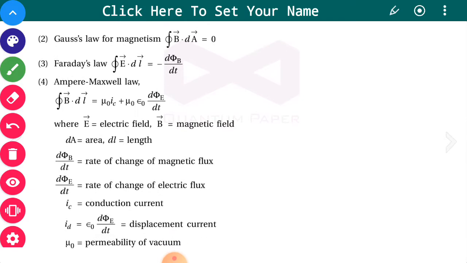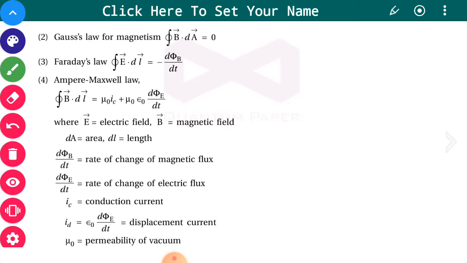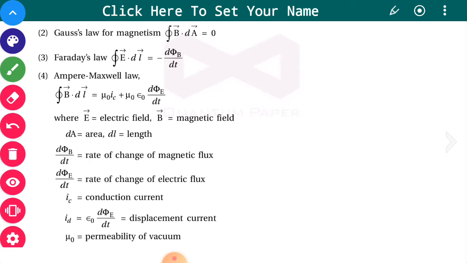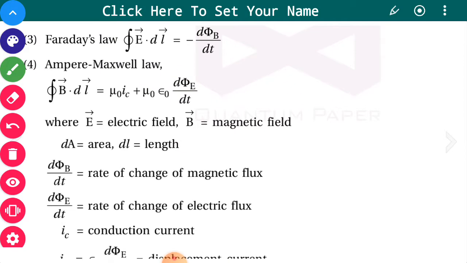The rate of change of magnetic flux gives you induced electromotive force, which is the closed integration of E dot dl. And then Ampere-Maxwell law is integration B dot dl is equal to mu 0 IC plus mu 0 epsilon 0 d phi E by dt.